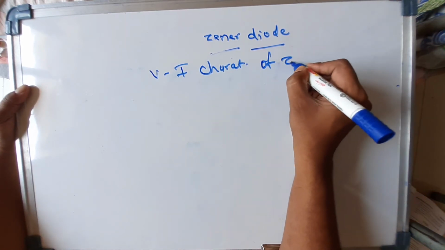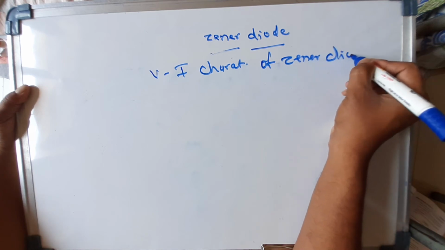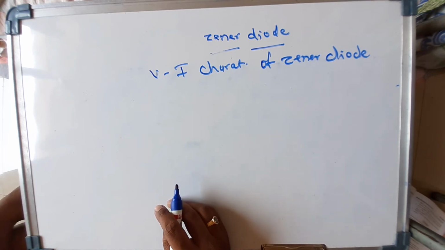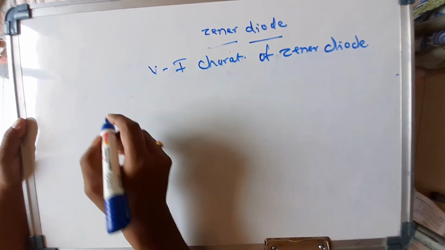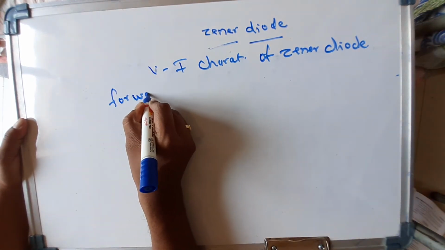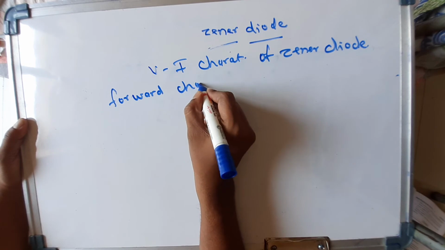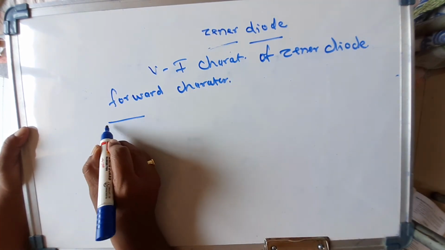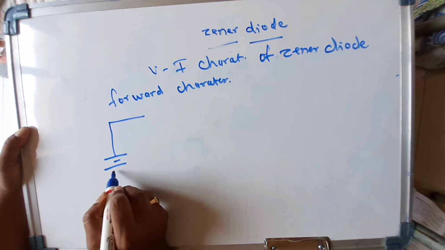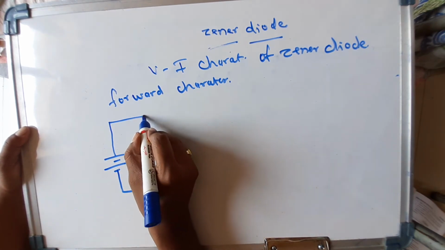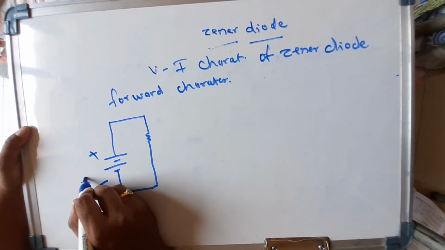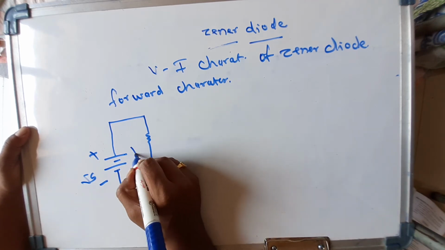Okay. Now we will see VI characteristic of Zener diode. Okay, we will see VI, that is the voltage and current characteristic of Zener diodes. Okay, so first one we will go for the forward characteristic. That is a forward bias. Already we will draw it. Here this is plus minus supply voltage Vs. Then this is a pot.